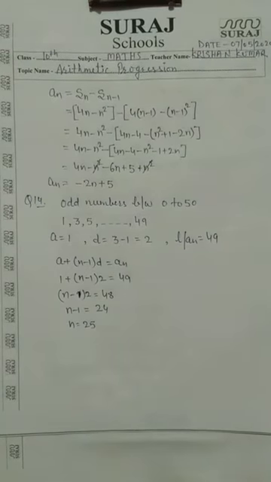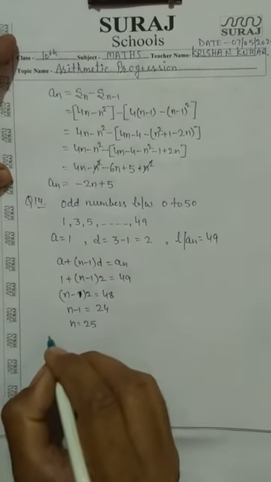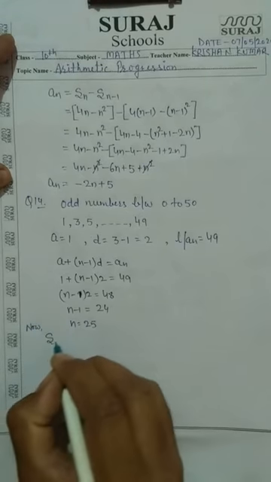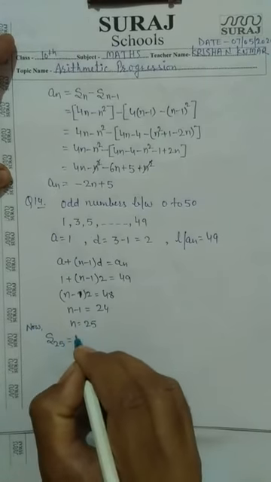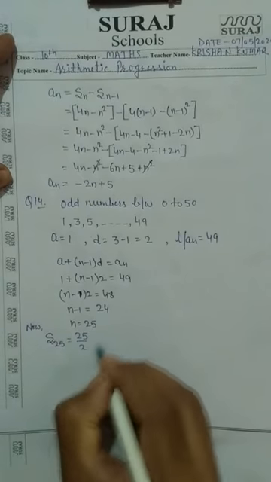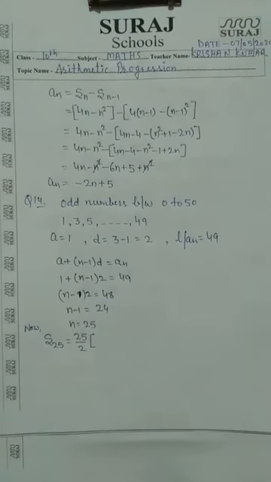here we find the S25, sum of 25 terms. S25 is n upon 2, it means 25 upon 2 into 2a plus n minus 1 into d, or n upon 2 into a plus l.